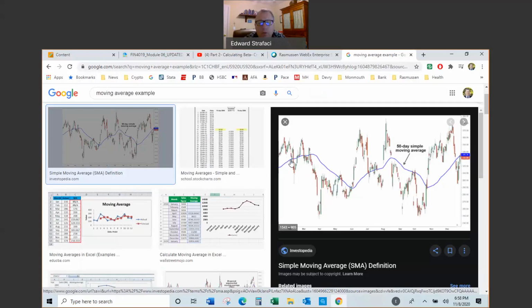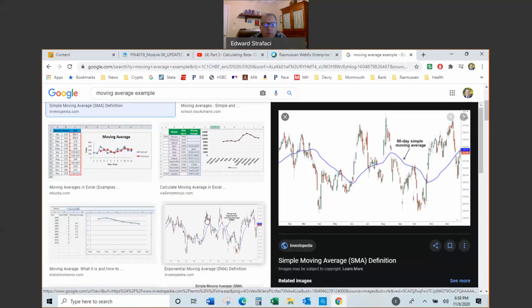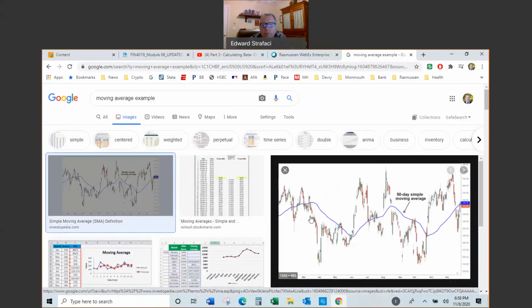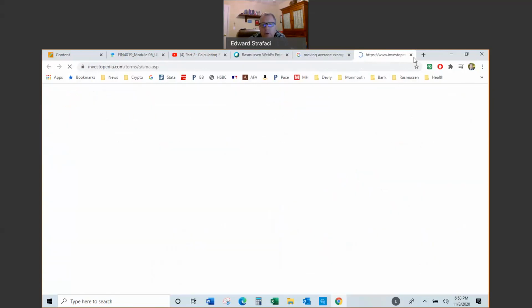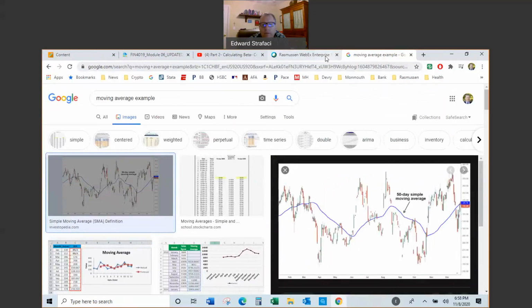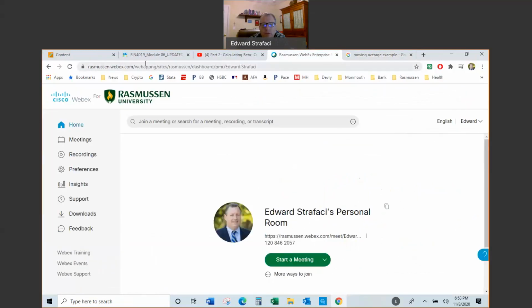So what I'm really doing by using a moving average is blending the average and softening all the noise. So I'm finding a trend where here it might be difficult to detect one. We get all of this volatility day in and day out. A moving average takes away some of that noise, and I get a better view of how the stock is acting. So that's the benefit of using a moving average.